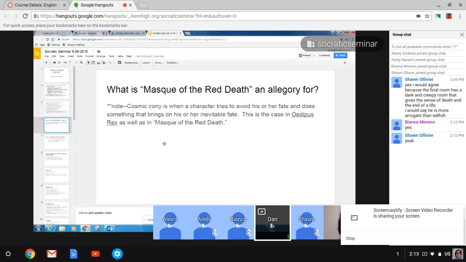And so in attempting to avoid death, to kill the idea of death, symbolically here, he actually kills himself. He brings his own fate on. So there is a little connection for you between Oedipus Rex and Masque of the Red Death.